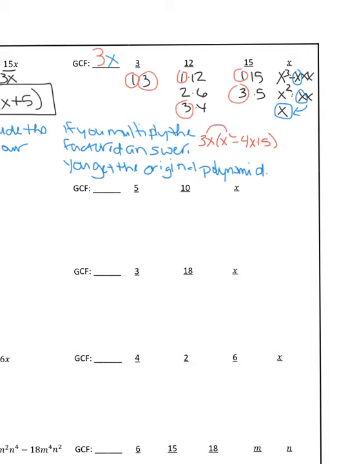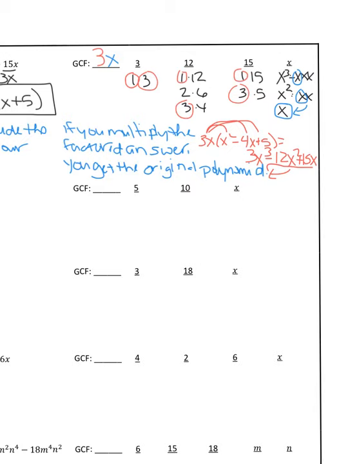And if we multiply it, 3x times x squared is 3x to the power of 3. And then 3x times negative 4x is negative 12x squared. And then 3x times positive 5 is positive 15x, which is the original polynomial.